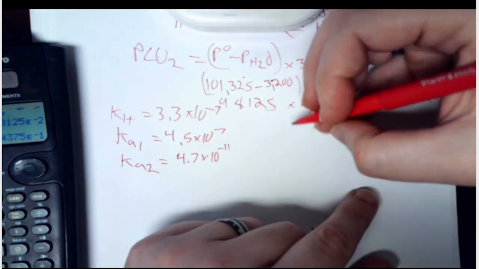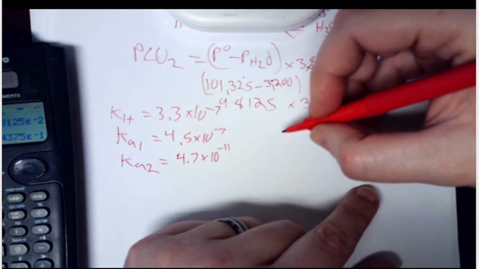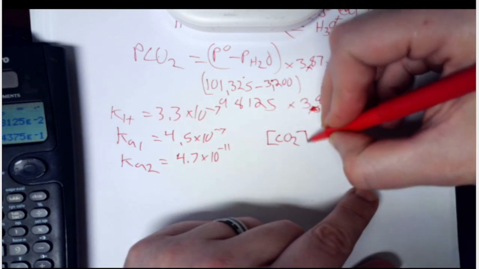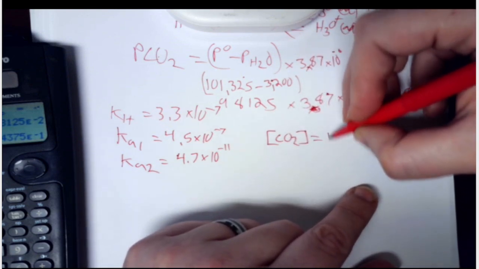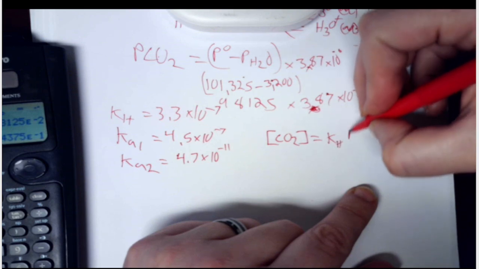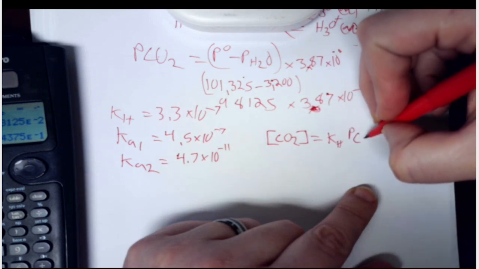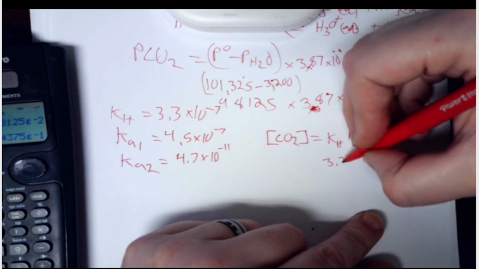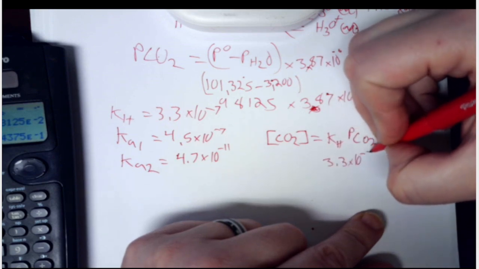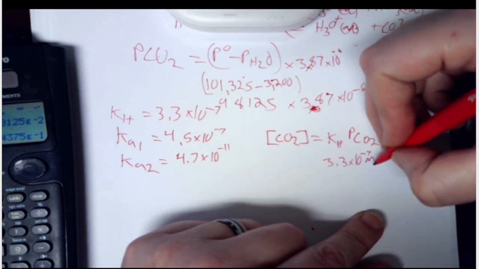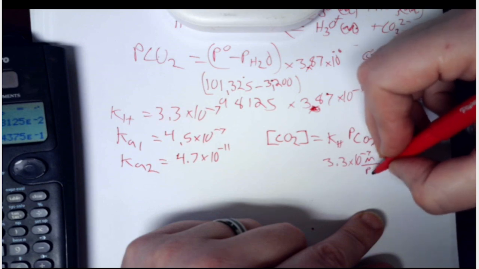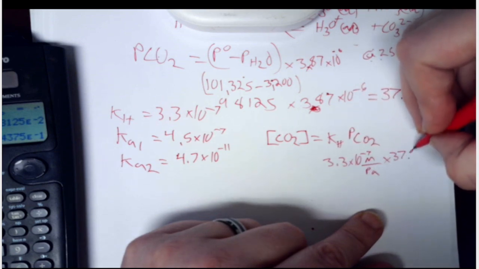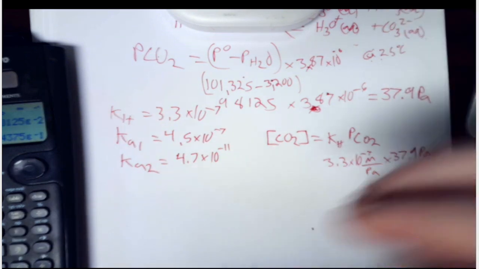Starting off, we want to find the concentration of CO2. The concentration of CO2 in water is equal to Kh times the pressure of CO2. So it becomes 3.3 times 10 to the negative 7th, that's molar per pascal in this case, times 37.9 pascals.